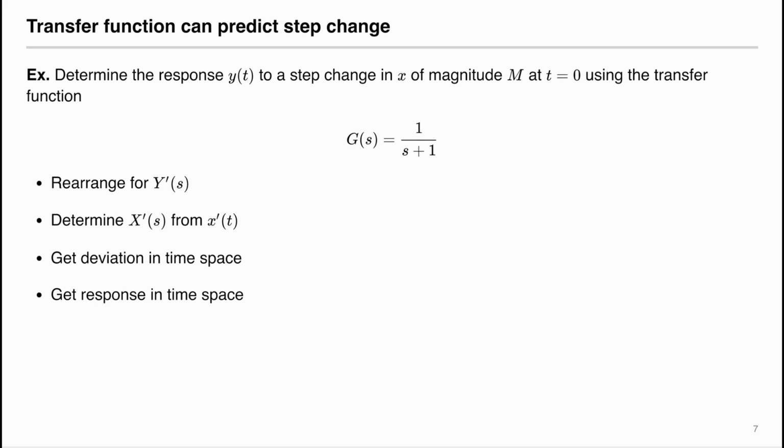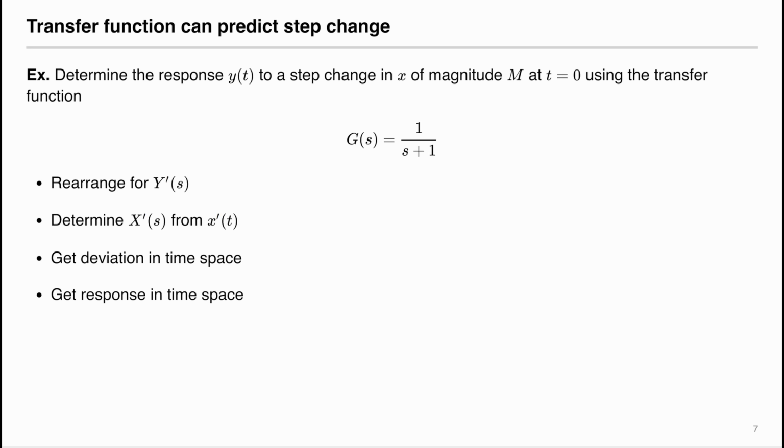Now we know how to determine transfer functions from differential equations, whether it's from the original variable or the preferred deviation variable. Now we can look at how a transfer function can help us to predict changes in the output if the input is subjected to a step change. For example, we want to determine the response y of t to a step change in x with magnitude m at t equals 0, using a transfer function we determined before.